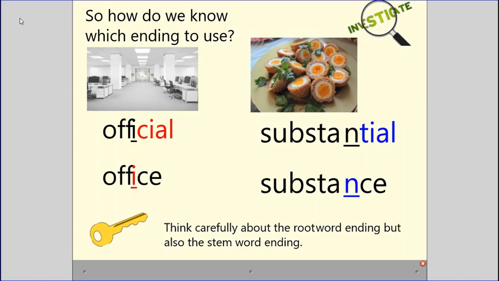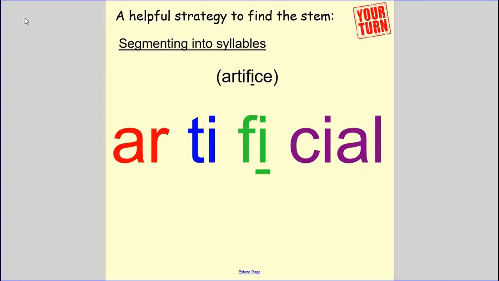Now, the way that we can find out whether the stem ends in a vowel or a consonant is to use a strategy that Mrs. Green introduced you to last week. That was segmenting your word into syllables. So for example, with the word artificial, when I'm working out the syllables for words, I often like to clap along when I'm saying the word. Artificial.